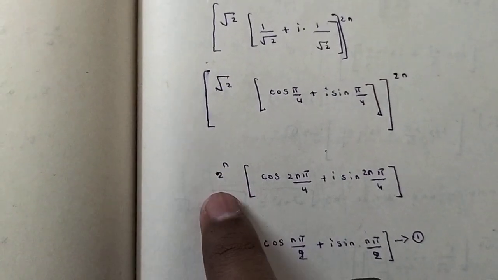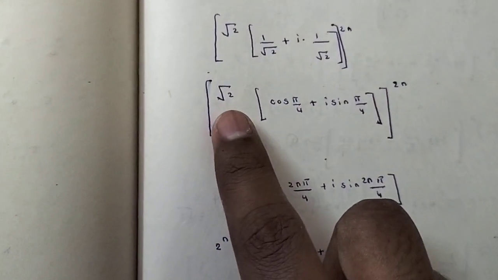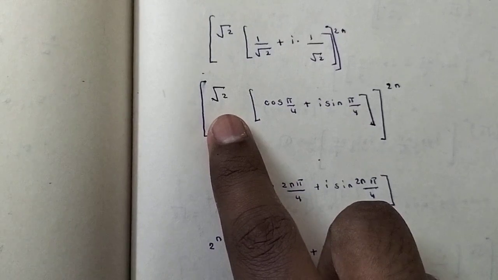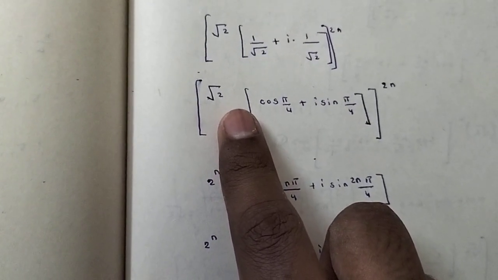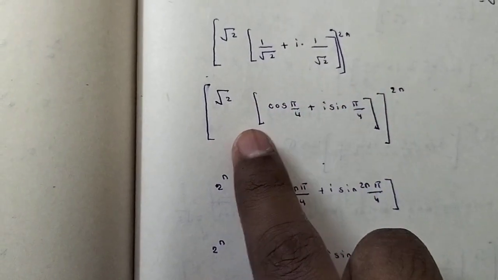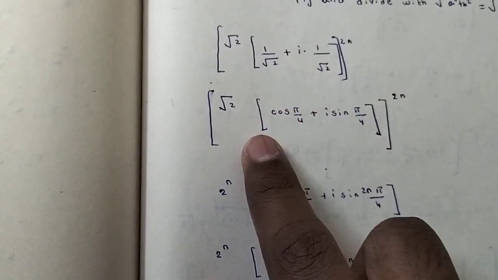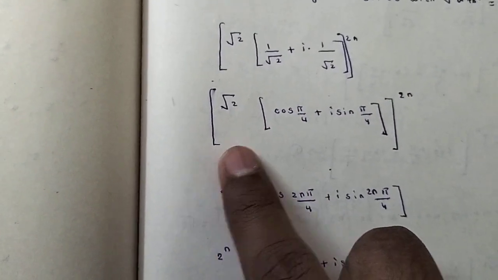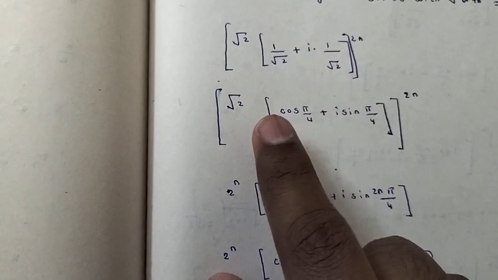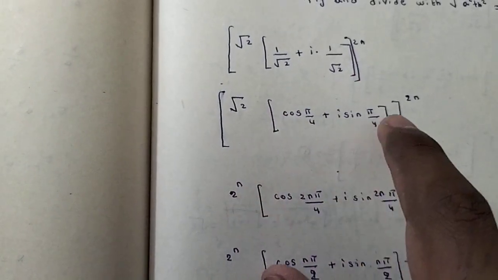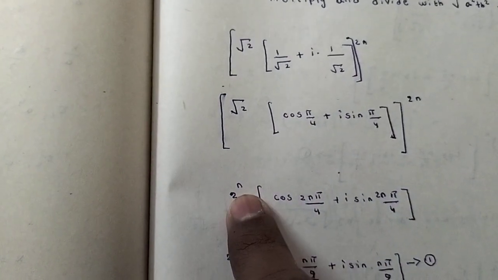Now this root 2, I am writing as 2 to the power of 1/2. We can write root as whole to the power of 1/2 of that. Now this 2 and this 2 cancelled, so what remains is 2 to the power of n.